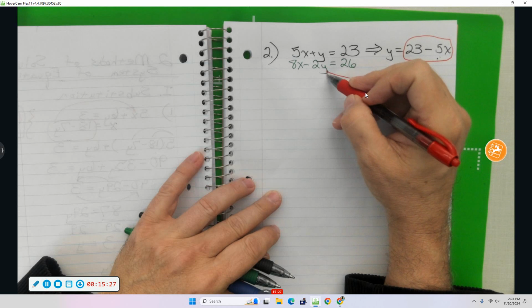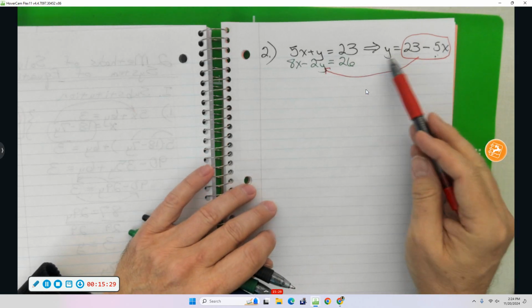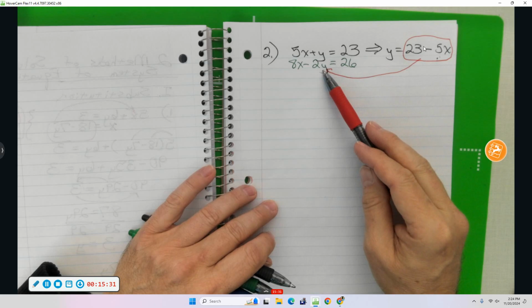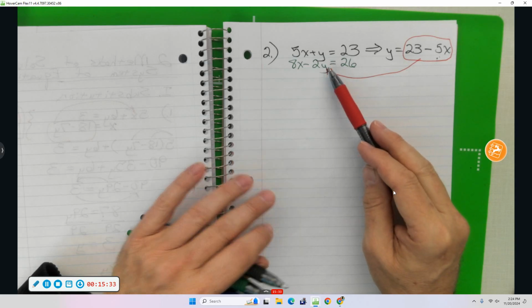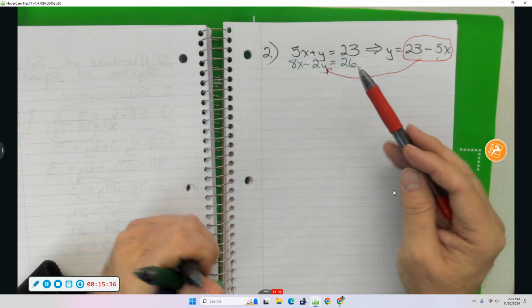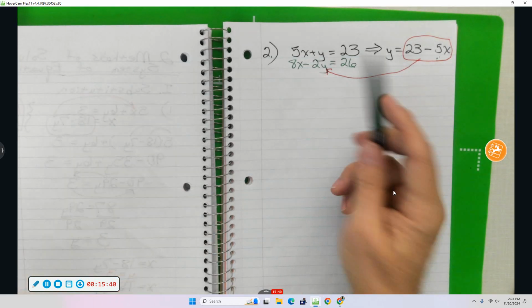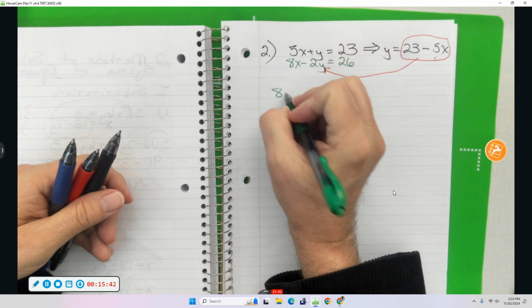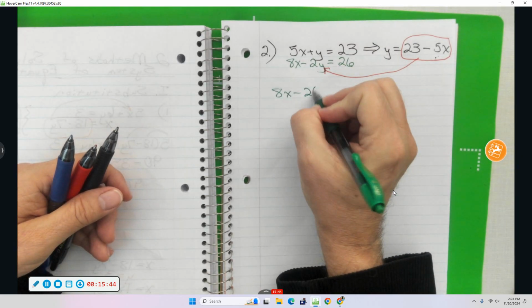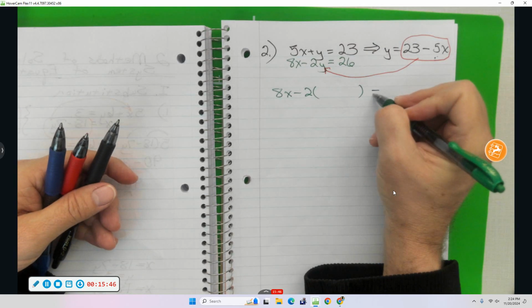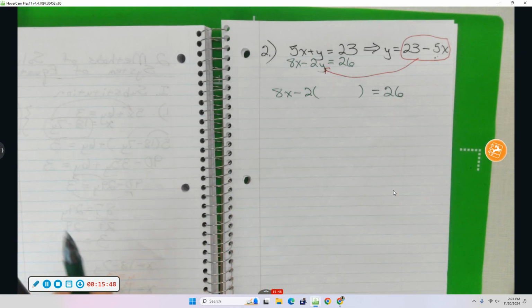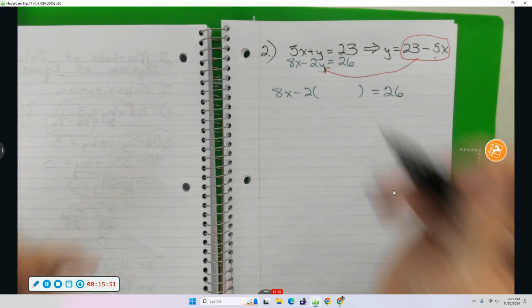So what you've done, you isolated one of the variables and then plugged that into the other equation. If you're doing this correctly, you shouldn't have x's and y's in the new equation. We have an 8x minus 2 times 23 minus 5x.